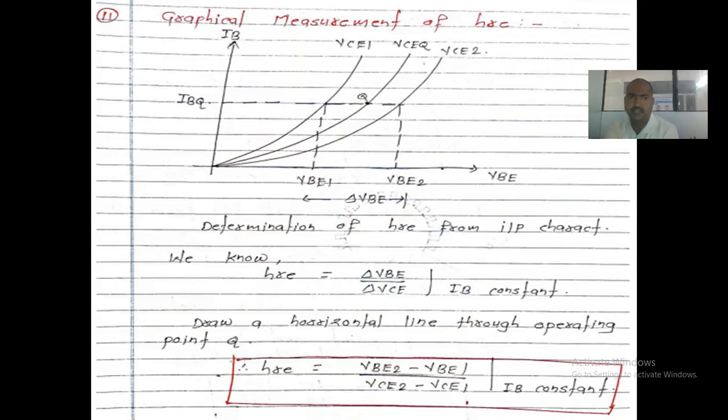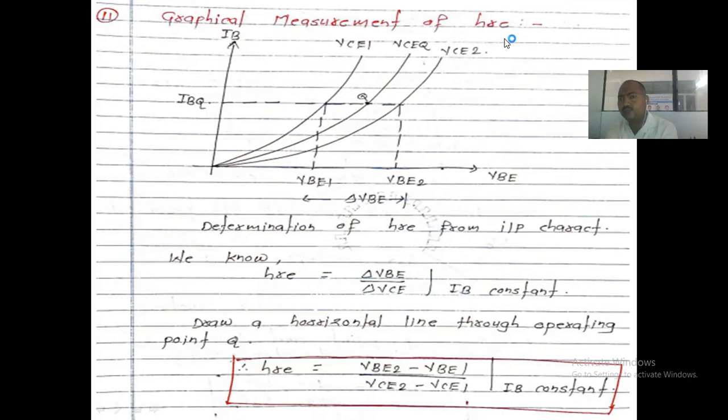So in this way, graphical measurement of hre indicates the reverse h parameter, that is reverse of the voltage. We know that hr indicates V1 upon V2, right? That's why it is called reverse. We know that V2 upon V1 is forward. So in this case, reverse voltage, that's why hre indicates the ratio of V1 upon V2.